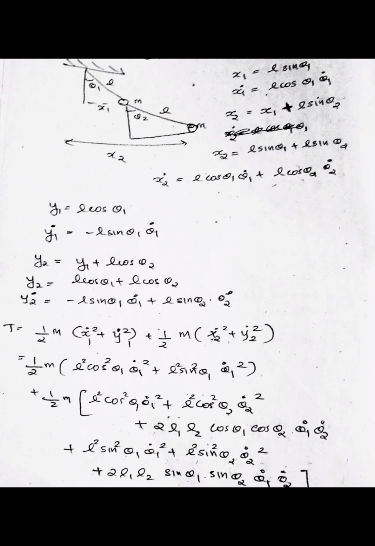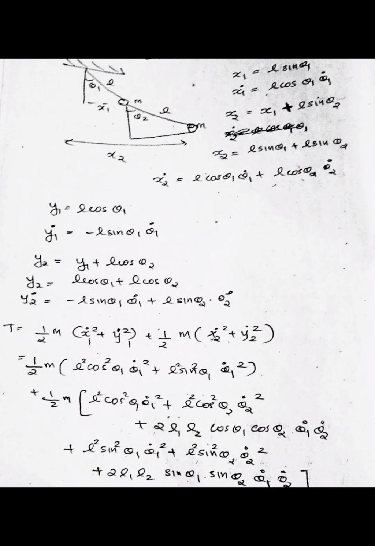From this figure, we can write x1 is equal to L sin theta 1, x1 dot is equal to L cos theta 1 into theta 1 dot. And x2 is equal to x1 plus L sin theta 2, so x2 is equal to L sin theta 1 plus L sin theta 2, that is x2 dot is equal to L cos theta 1 theta 1 dot plus L cos theta 2 theta 2 dot.